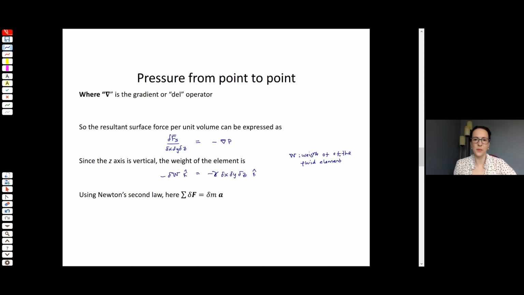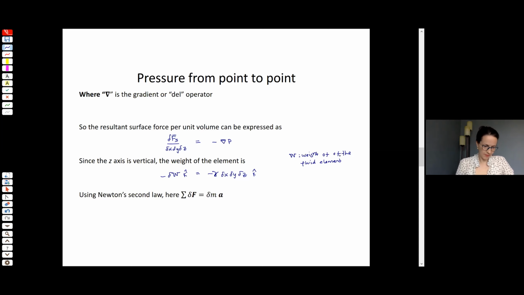Okay, so if we use Newton's second law in the general form, that's just the sum of the forces is equal to the mass times the acceleration. The deltas are there just to indicate that we're dealing with an infinitesimally small volume.